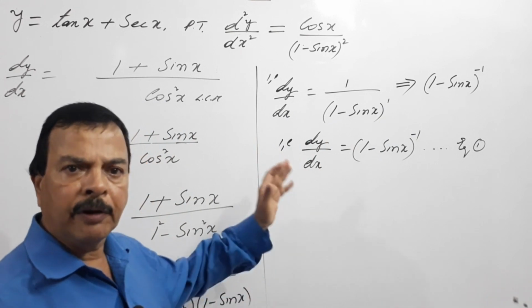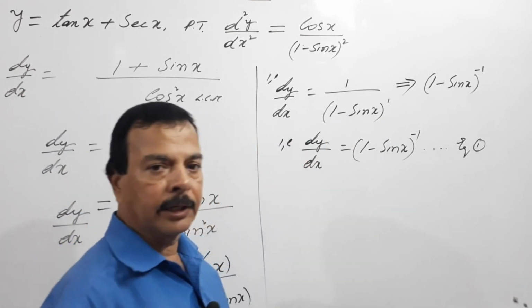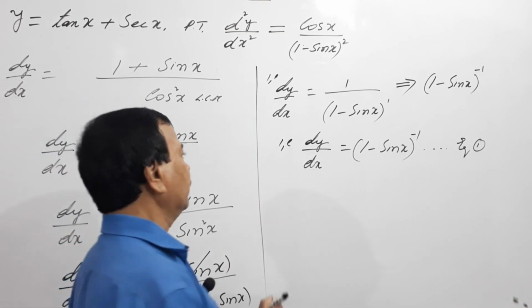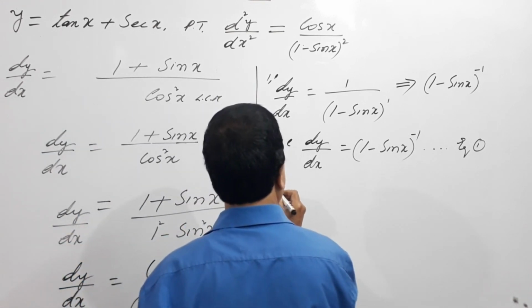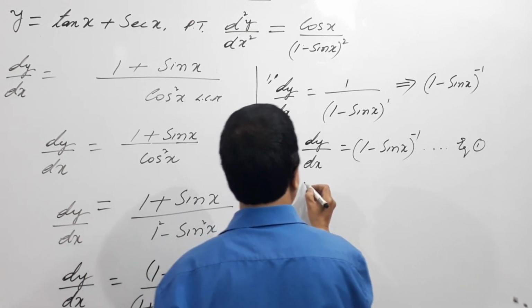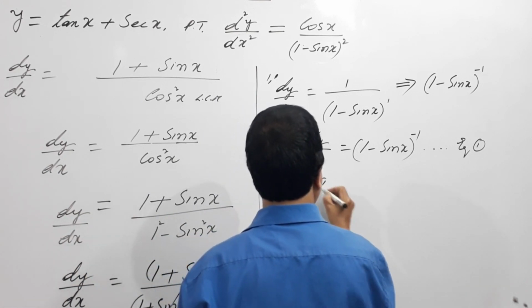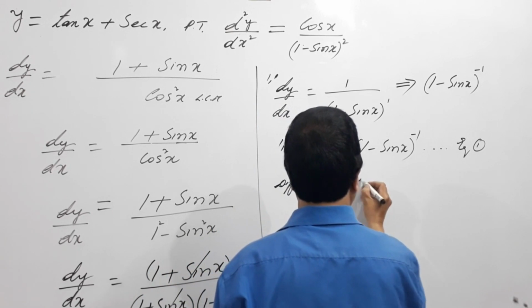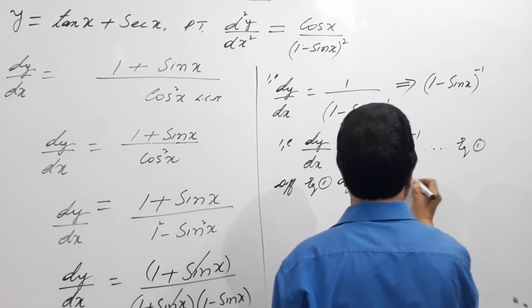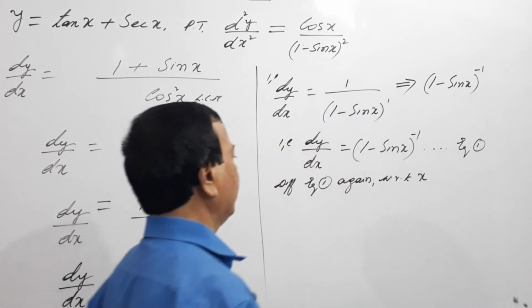So I'll differentiate equation 1 once again, because I need d square y by dx square. That is, differentiating equation 1 again with respect to x.